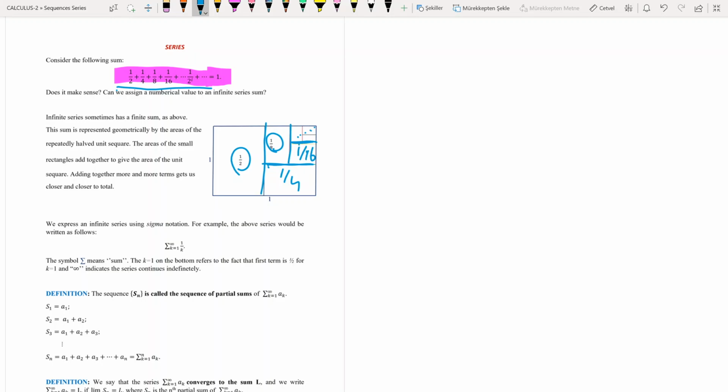So we can assign a numerical value to an infinite sum, and we denote an infinite sum by sigma notation. This sigma notation depends on a variable like k or n, and it starts from a numerical value, let's say 1, and it goes to infinity. Of course, we must have a sequence for an infinite series.